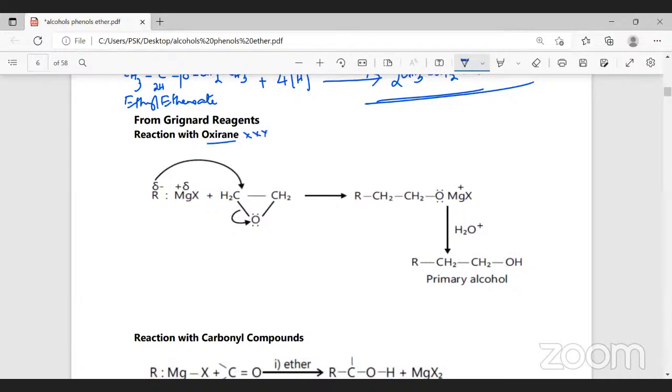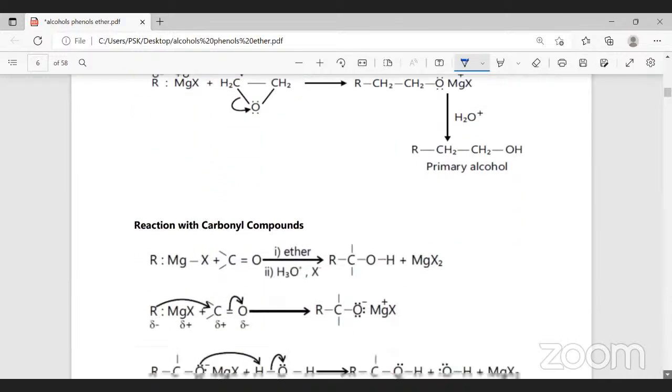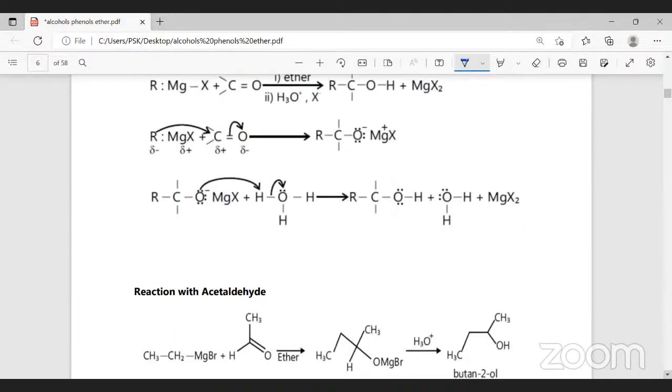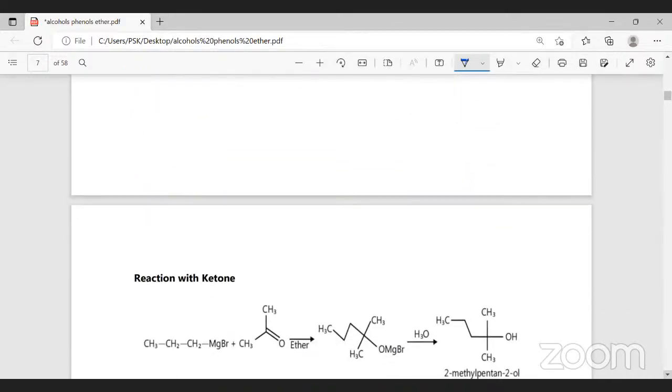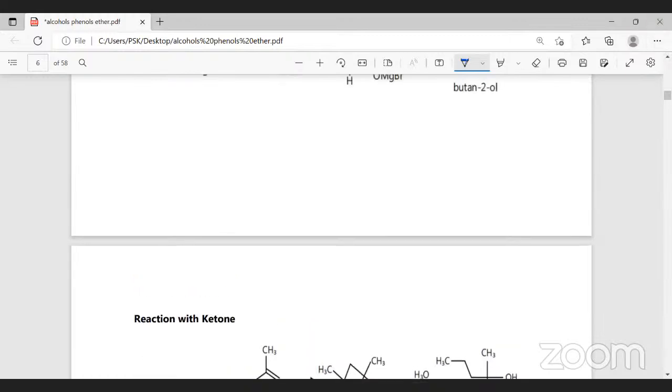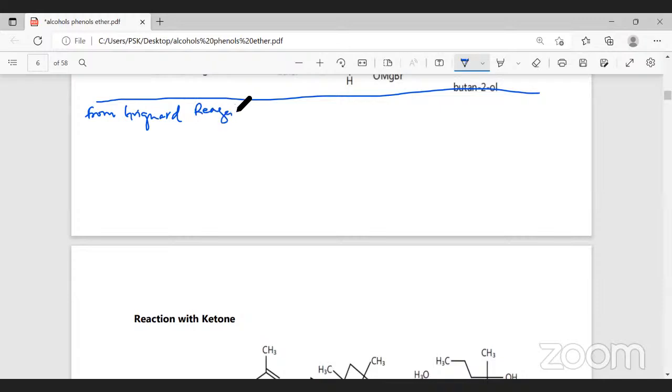But we have to learn the preparation of alcohols, primary, secondary, and tertiary, from Grignard reagent. So I will take this space to explain the preparation of alcohols from Grignard reagent. We will write the general reaction. The specific example you can practice at home.